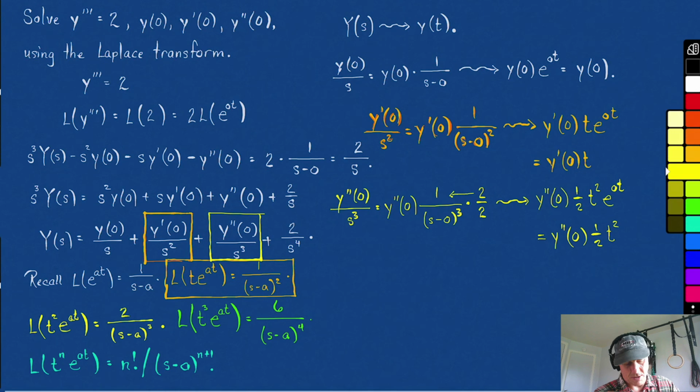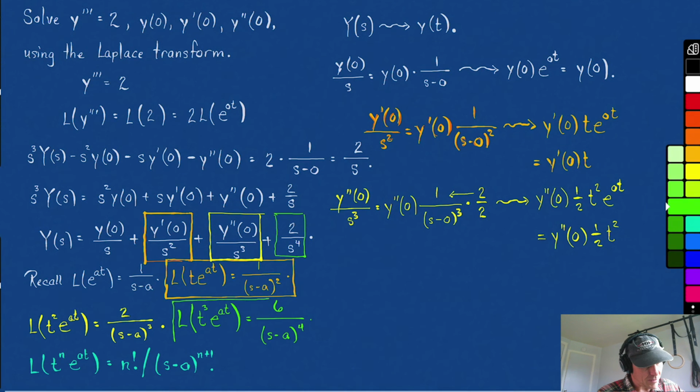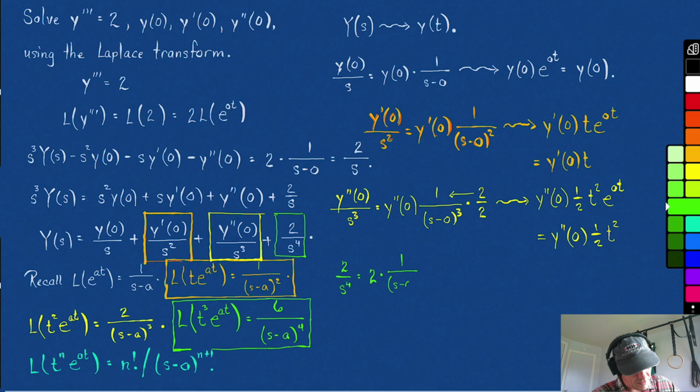Finally, let's go to our green term. And our green term is this one. It's the 2 over s to the 4th power. And we're going to use our green Laplace transform right here. I'll show you how this works. Here we are, 2 over s to the 4th. If I write this as 2 times 1 over s minus 0 to the 4th power, it almost fits. What we're missing is a 6.